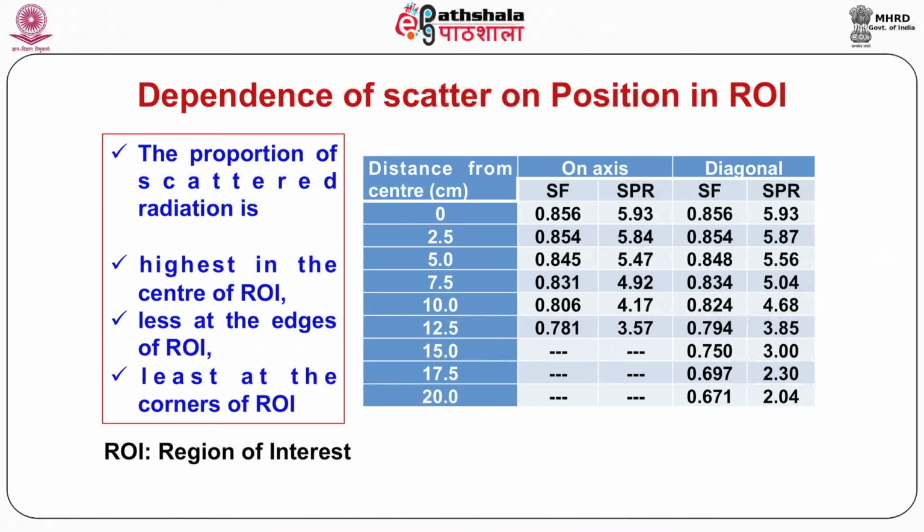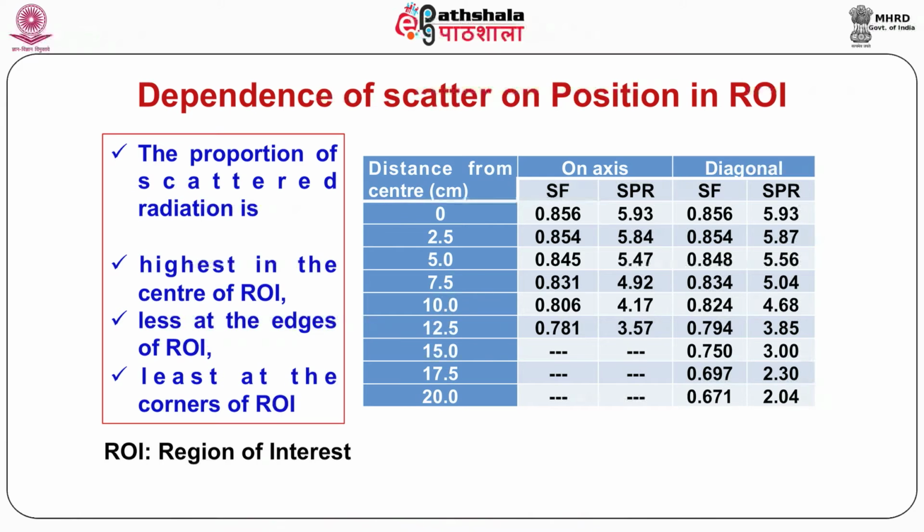columns. So now you can see when the distance from center is 0, the values of SF, SPR are almost highest, and when we go down, that is distance from center is 2.5 centimeter, the value of SF is slightly smaller than the earlier value, but the value of SPR is somewhat further less than the earlier value.